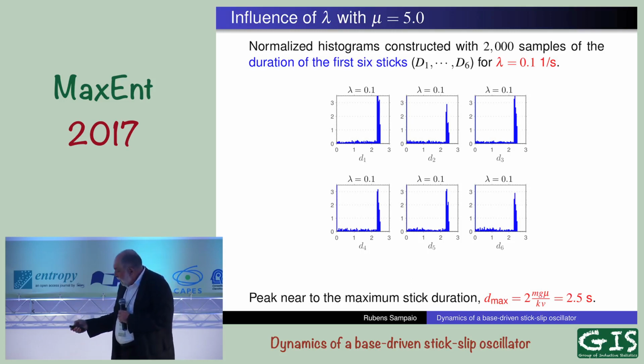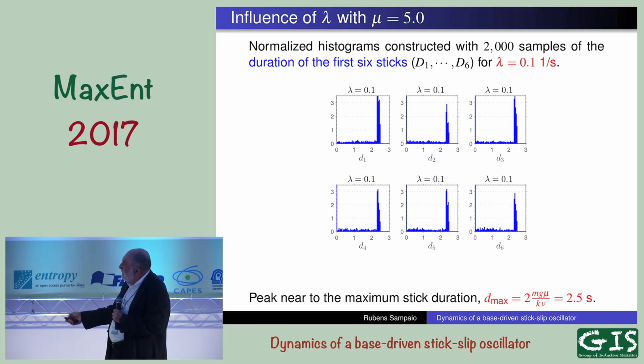For example, if the belt does not change velocity, all the slips, all the sticks end when the spring is at the maximum, so it's at the very end. So in this thing here, see?